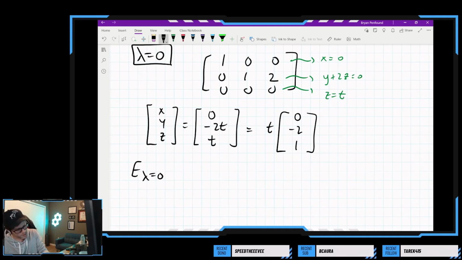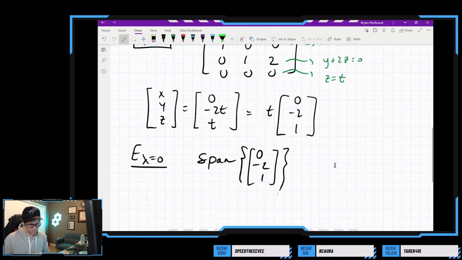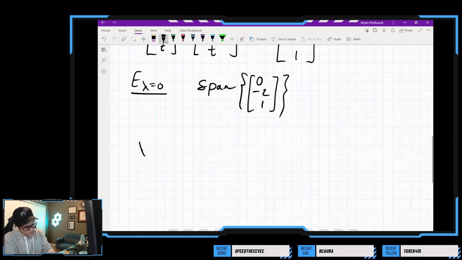Okay, so our eigenspace for lambda equals 0 is the span of the single vector 0, negative 2, and 1. So the next thing we need to do is figure out what's going on for lambda equal to 1.